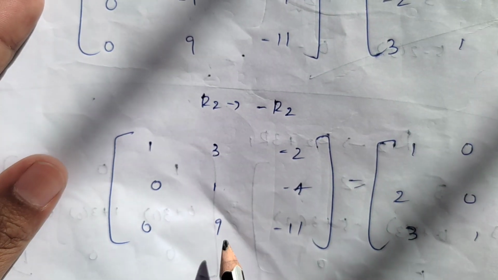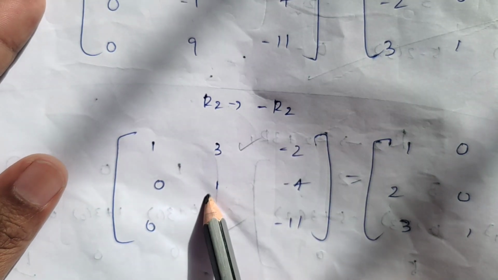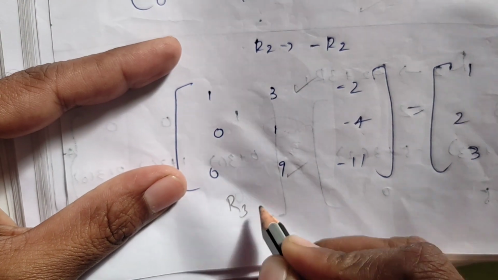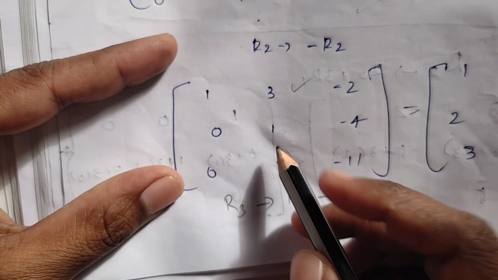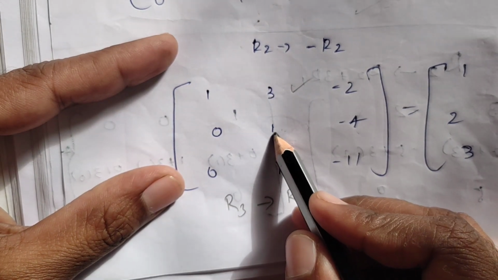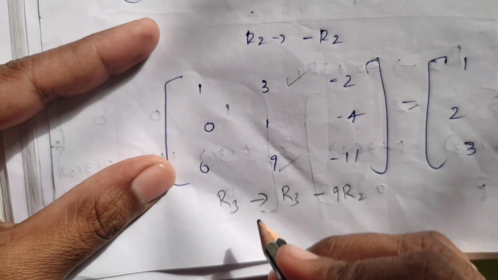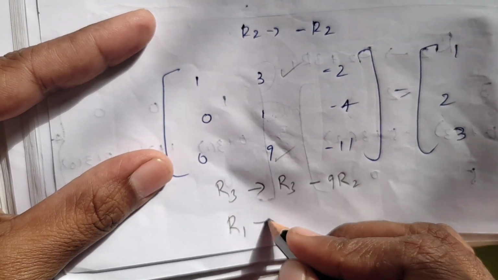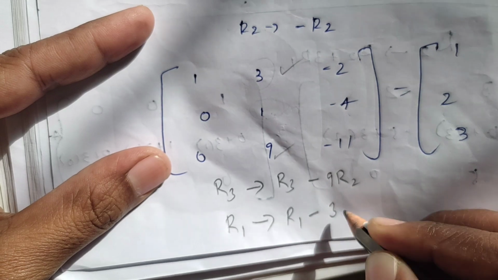Our next step is we have to make this element 0 and this element 0 with the help of our element 1. So R3 tends to R3 minus 9 R2. With the help of R2 we are doing it. Again we have to make this 3 zero, so R1 tends to R1 minus 3 R2.